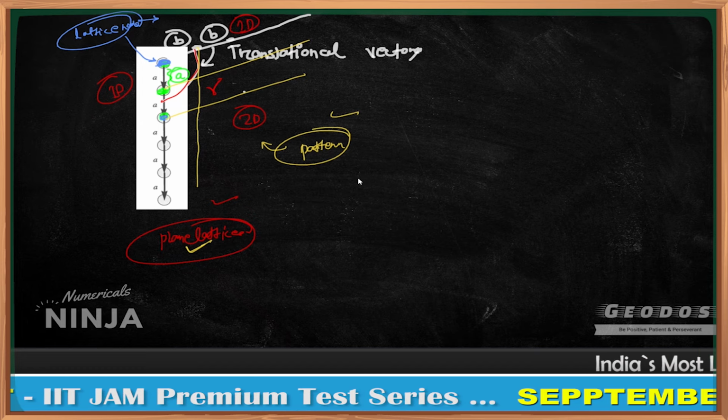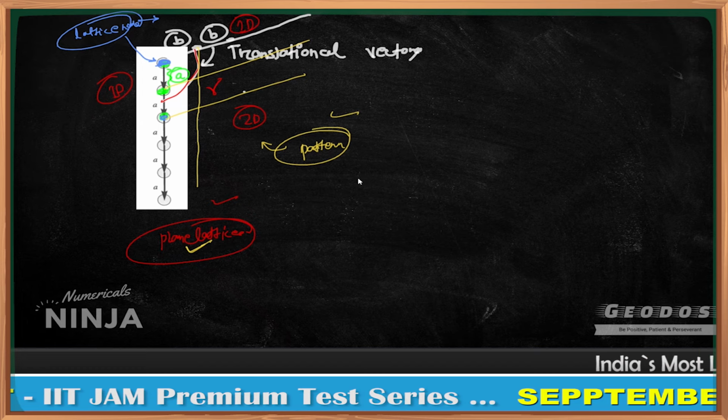You can see there is the B translation direction in this direction, and there is the A translation direction. You already know, and remember the angle.